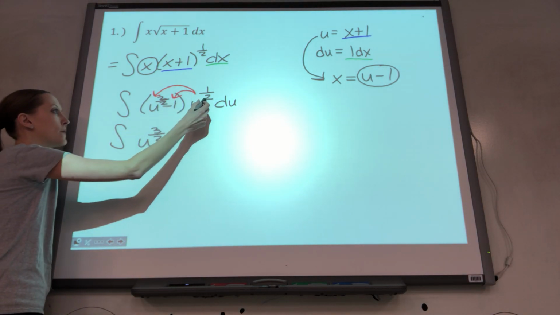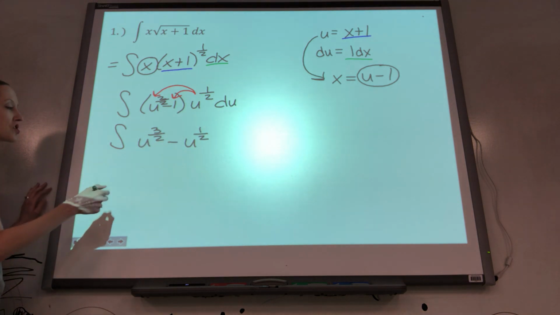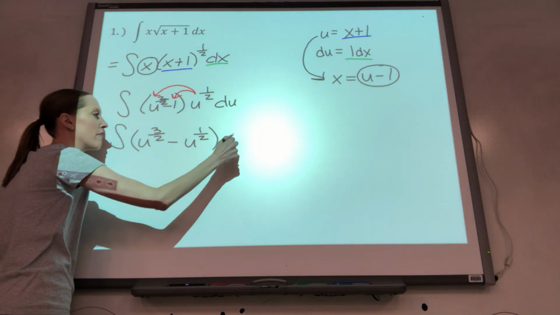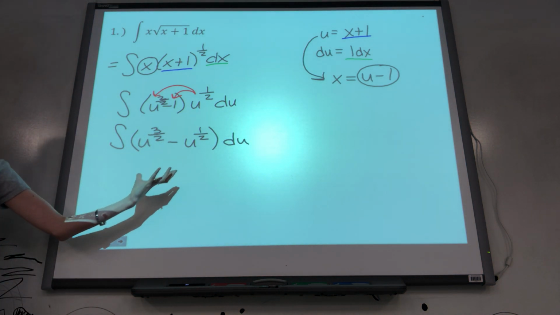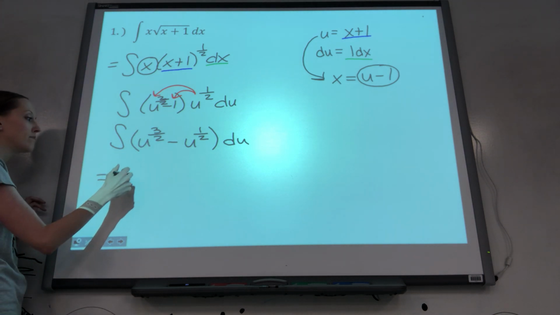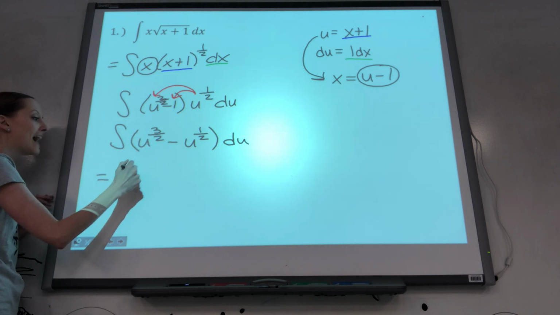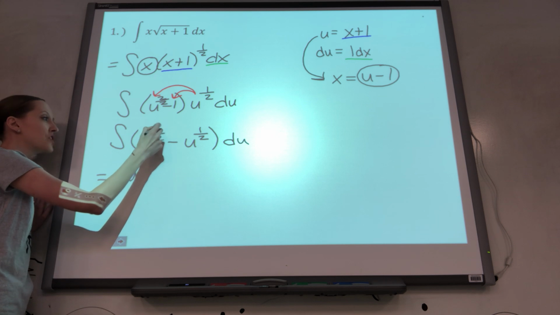Now, second part, u to the 1/2 times 1, that is just u to the 1/2. So I'm going to integrate that stuff now with respect to u. If I add 1 to my power, that would be like adding 2/2.